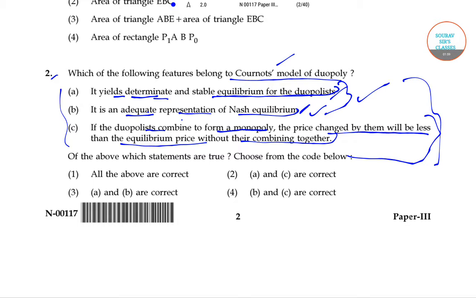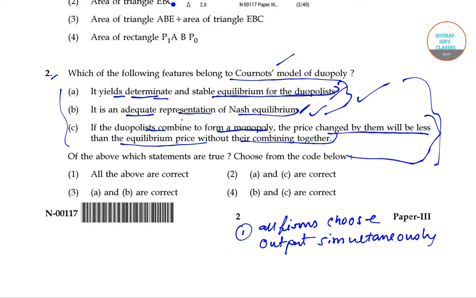So for this, we know the Cournot duopoly model. In a Cournot duopoly model, all firms choose output simultaneously. So this is the first thing.